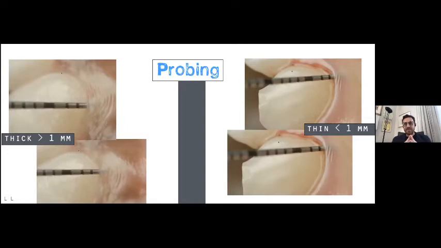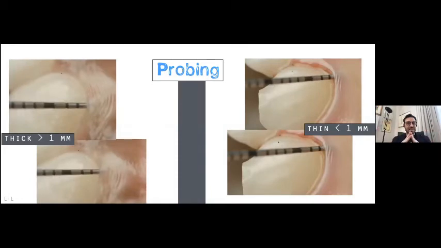Because we know that the radius of action of the bacterial plaque is about 1.2 millimeters. And if we have marginal tissue thinner than this, we will have a recession because the inflammation will involve all the connective tissue between the 2 layers of epithelium, the junctional and the keratinized one.